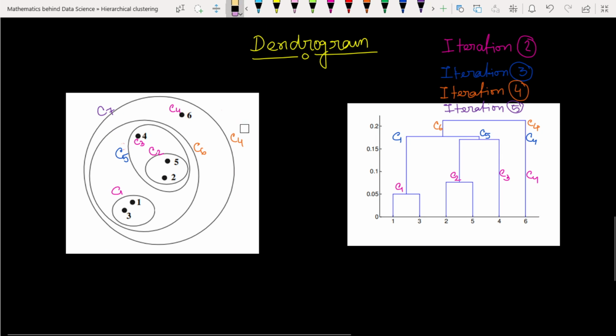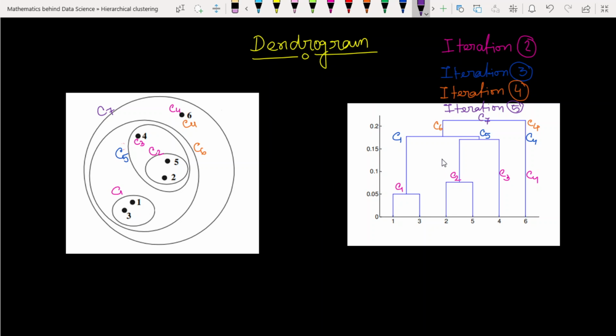Since I made a mistake here, this is now C4. My bad. Now I will mark C4 and C6 and make a single cluster C7. This is C7. Okay, that's the job we have to do.